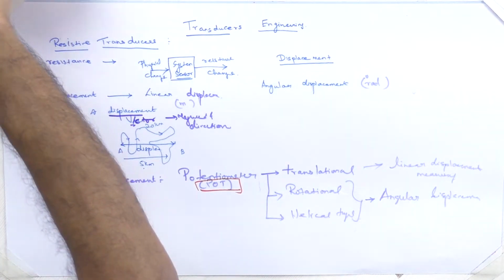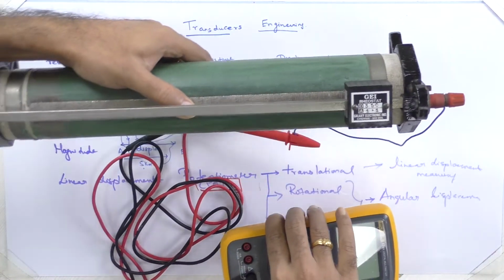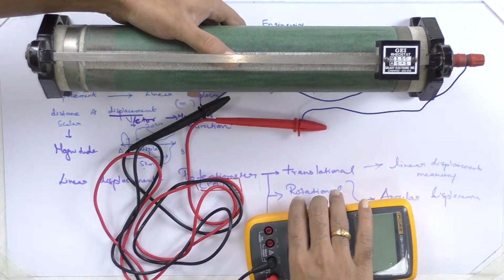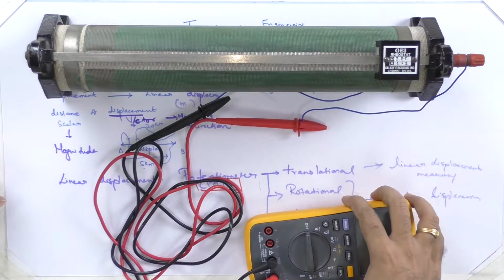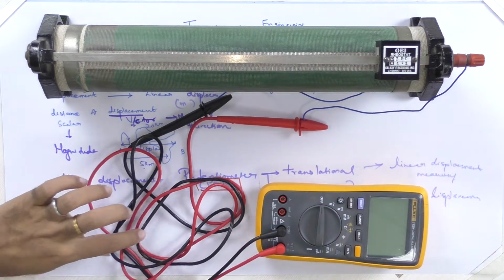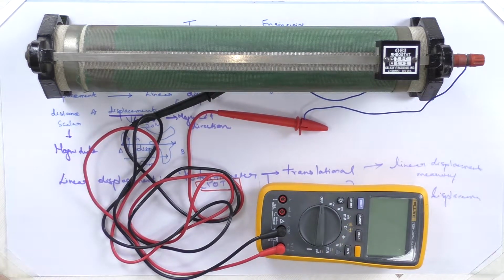You might have seen this device in your elementary school, called a rheostat. You might have used it as a voltage dividing circuit, but here we simply use it for measuring linear displacement.